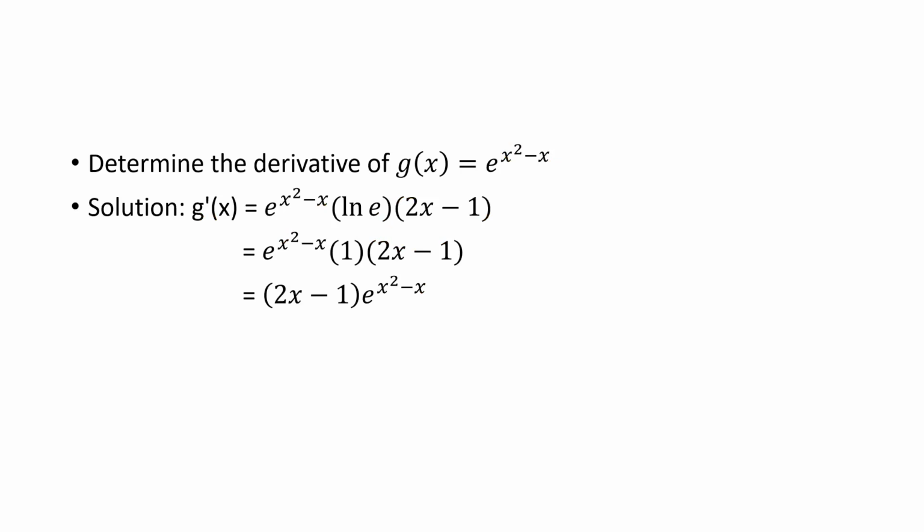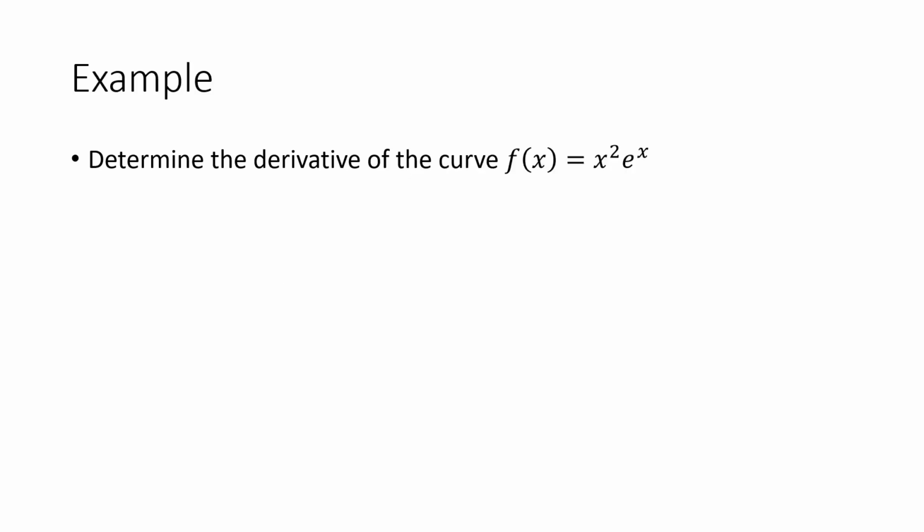Okay, so it's there on your screen, written out a little bit more neatly. So what if we have the curve f of x equals x squared e to the x? Well, I see there an opportunity to use the product rule. So f prime x is just going to be the derivative of x squared times e to the x plus x squared times the derivative of e to the x, which of course is just e to the x.